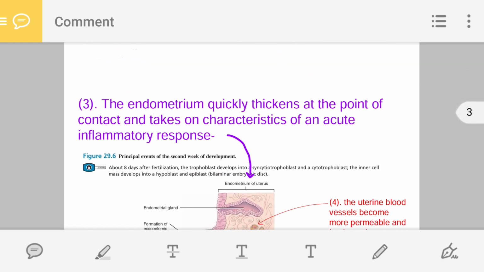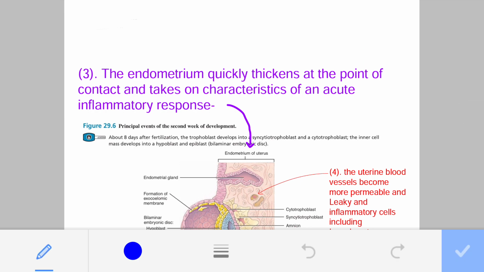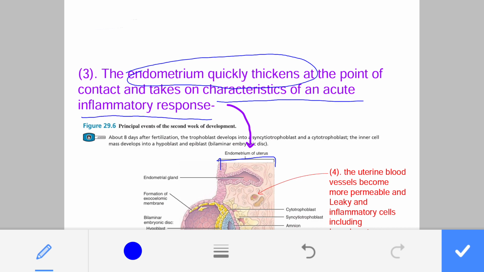Now we are moving to the third point. This is the endometrium. Now what is happening to the endometrium when the implantation begins? The endometrium quickly thickens, and it shows the characteristics of an acute inflammatory response.